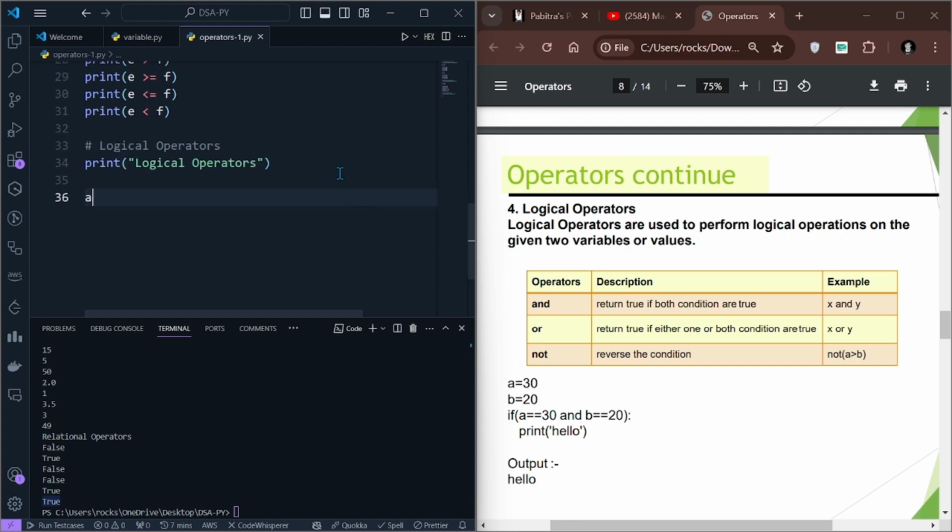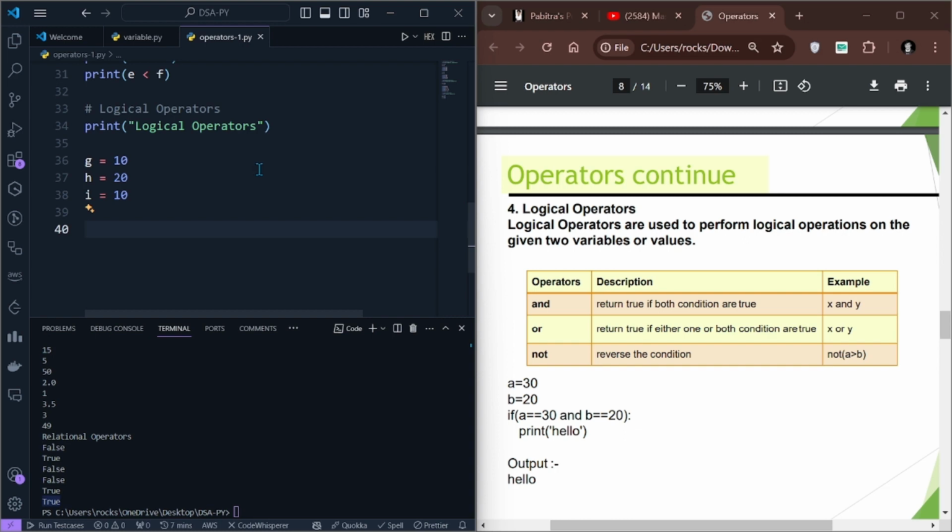Let's suppose I am creating three variables. G, let's suppose 10, H is equal to 20, and I, let's suppose 10 as well again. So how can we use that?